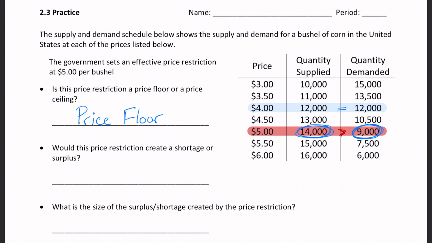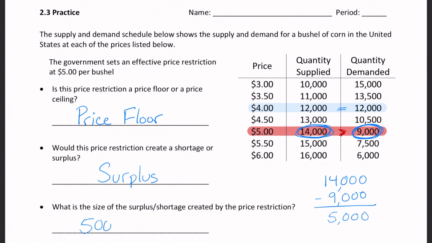And that corn that's left over is called a surplus. Now, what is the size of that surplus? Well, we had 14,000 made available minus the 9,000 that people purchase, which means we are going to have a surplus of corn left over of 5,000 bushels, right?